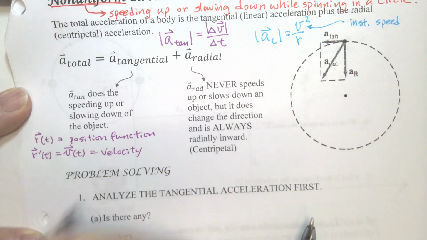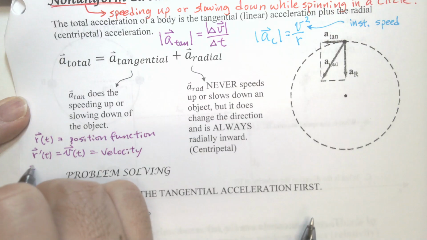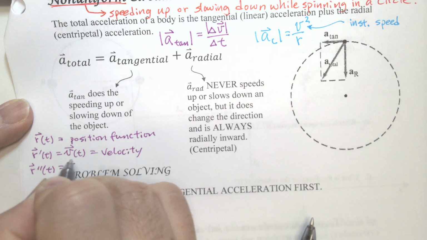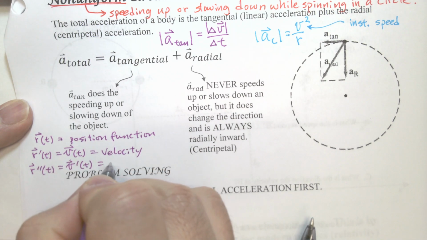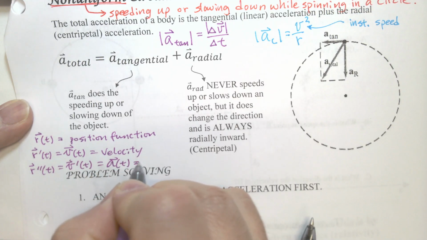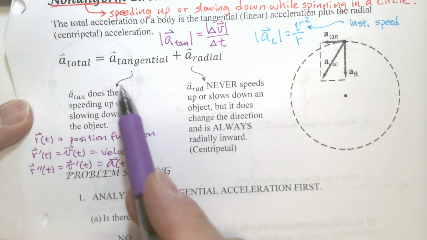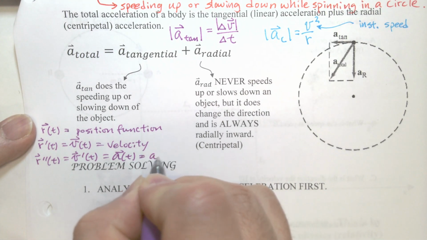And if we take a derivative of that, then we have the second derivative of the position function, which is the first derivative of the velocity function, and that is my acceleration. Okay? So we can use this as well to figure out the tangential acceleration given the function.